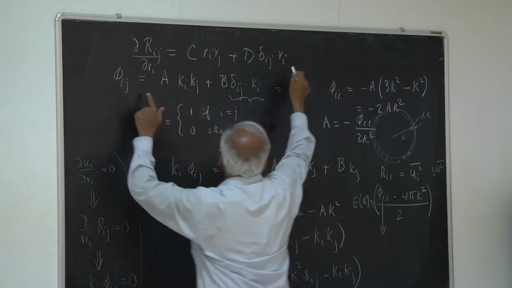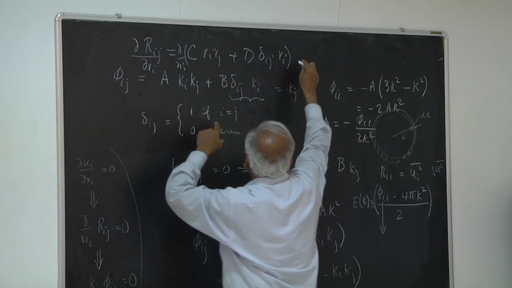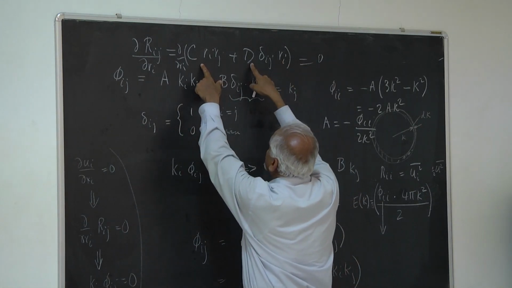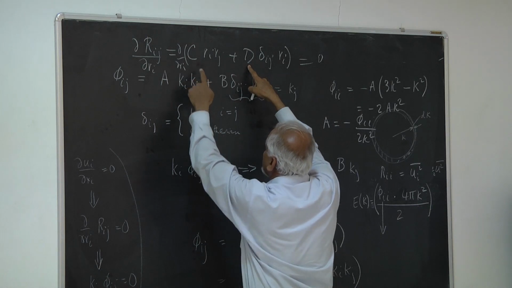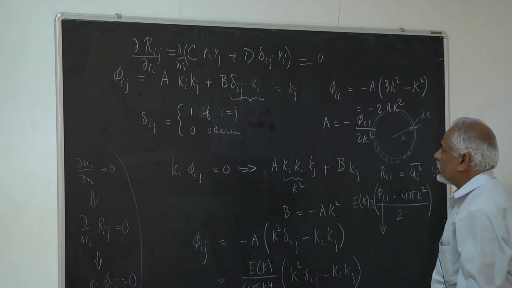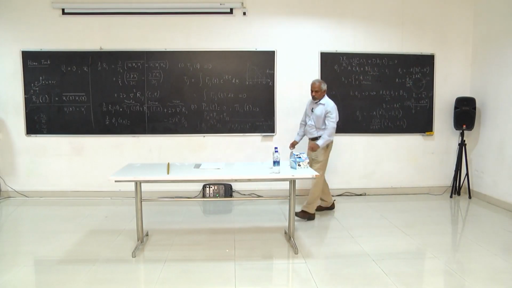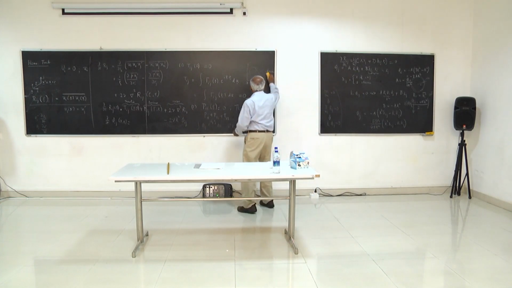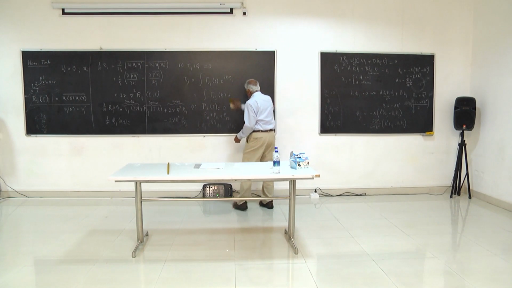Ri equal to 0, so d by dri of that equal to 0, and you will now get rid of one of these constants or functions. Then just as you have phi ij expressed in terms of one scalar function, you can express this also in terms of one scalar function, and I write that down for you because that is quite important, and that's what everyone measures, for instance.